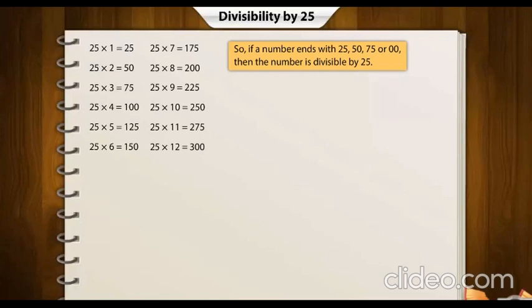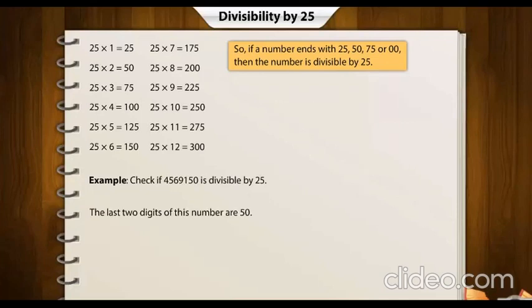Let's check this with an example. We will check if 45,69,150 is divisible by 25. We can see that the number ends in 50. Therefore, we can say that this number is divisible by 25.